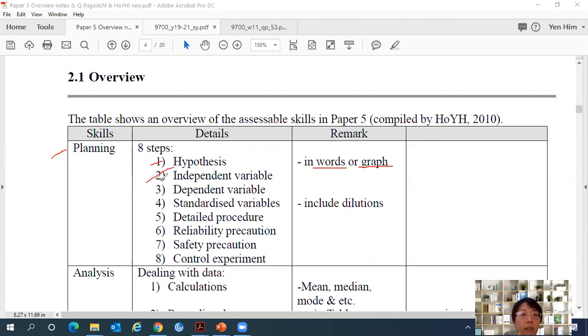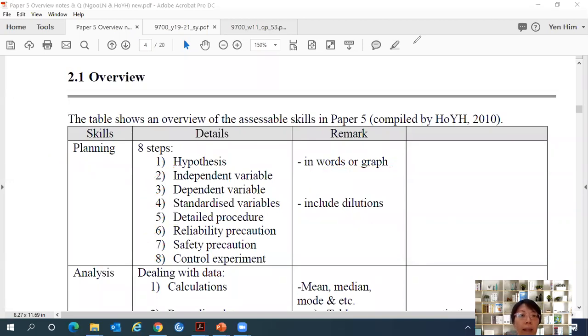After that, you must have the independent variable, dependent variable, standardized variables, and then you need to talk about the detailed procedure. Then you need to talk about reliability precautions, safety precautions, and lastly, the control experiment. So there are 8 steps that are important in planning. These are the 8 things they will test you on in the first half of the paper. So very easy, isn't it?